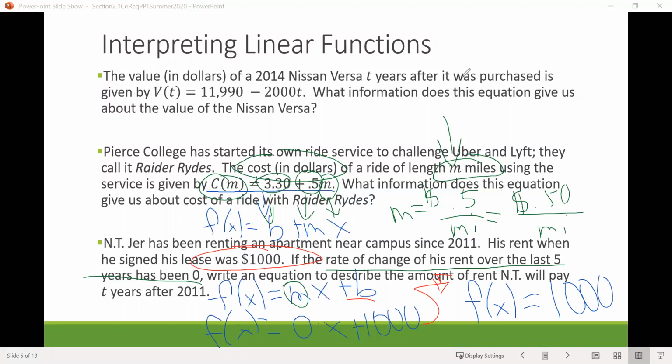Oh, right, from your toolkits, that is a constant function, right? And recall, what does the graph of a constant function look like? Right, again, it's a horizontal line. It looks something like this. So what we see is constant functions are types of linear functions. They're just a special type where the rate of change is 0. Okay?